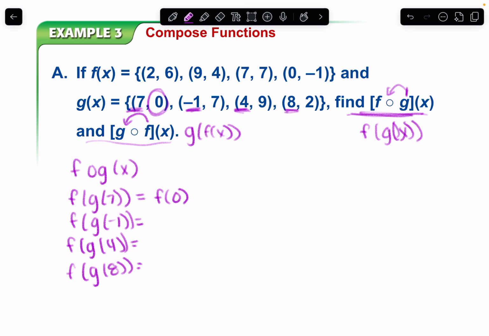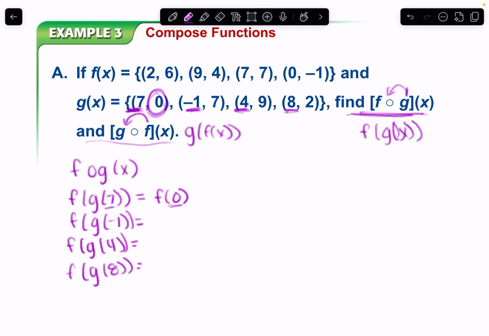From here, the other thing that you are going to state now is what is your y value of your f function when x is 0. So I'm going to say that again. I originally got this first 7 from right here. The 0 right here comes from right here.